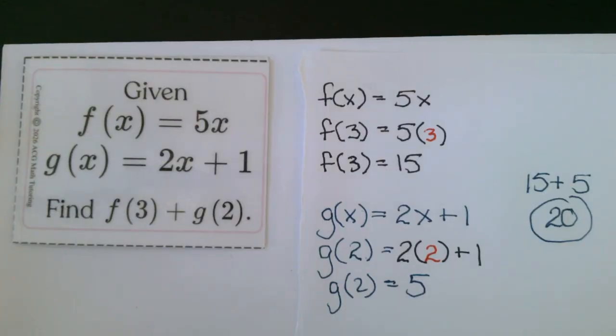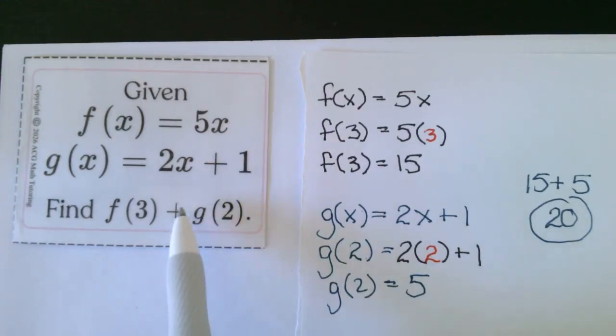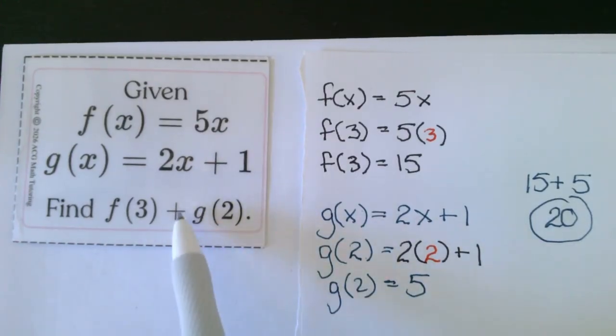Okay? It looked crazy intimidating. Not a problem. But now that you see, oh, that's all they wanted? Yeah. This is definitely a 4-point question. Maybe not this particular one, but function notation is a 4-point question on a GED or any high school equivalency test.